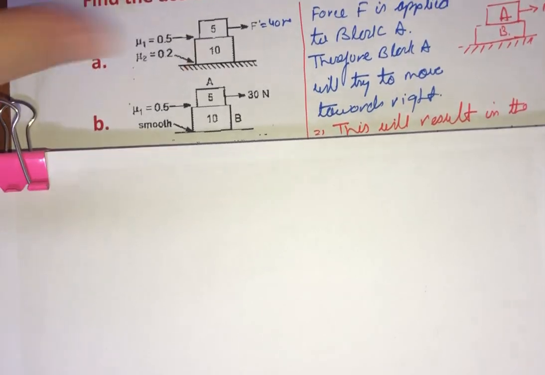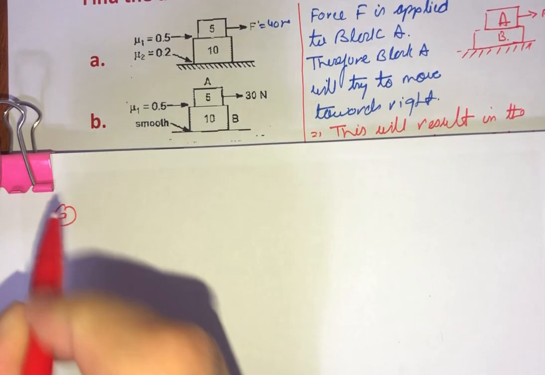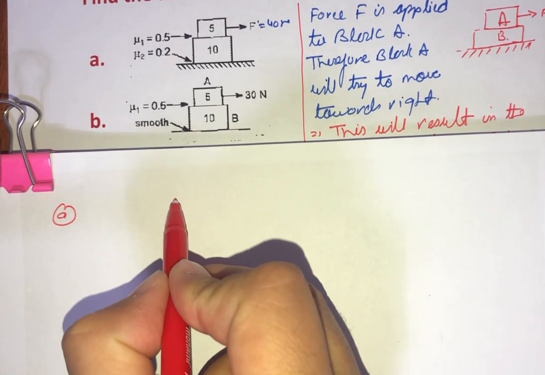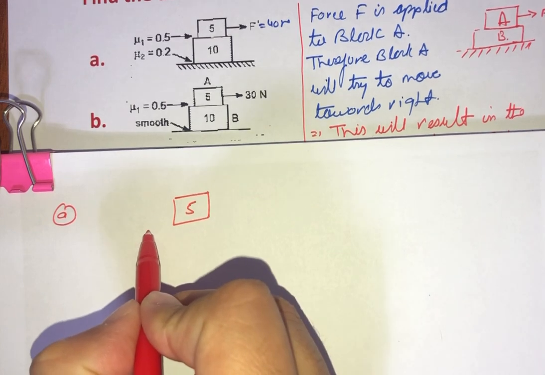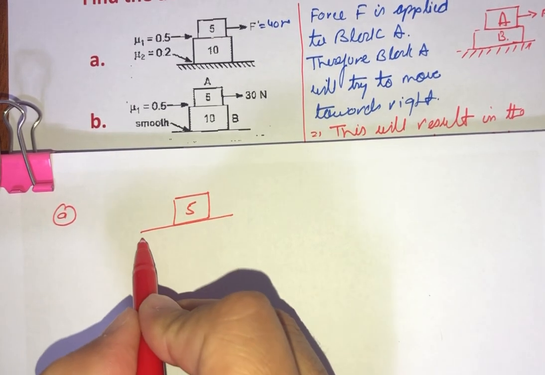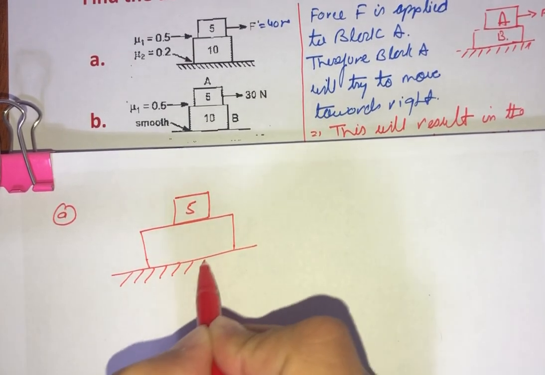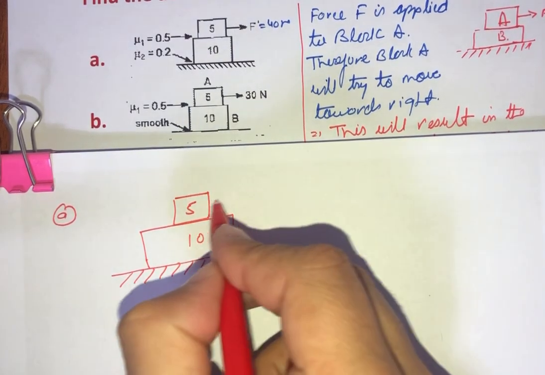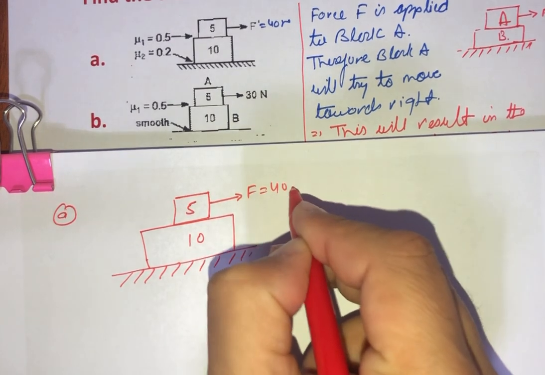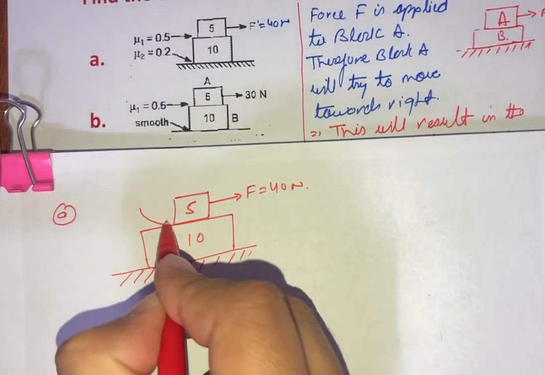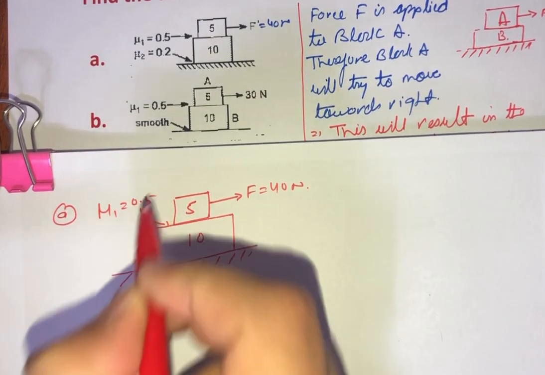So part A, it is given that there are two bodies, 5 kg and another body 10 kg, and on the 5 kg body a force F which is equal to 40 Newton is being applied, and the coefficient of friction mu1 between the two bodies is given as 0.5.